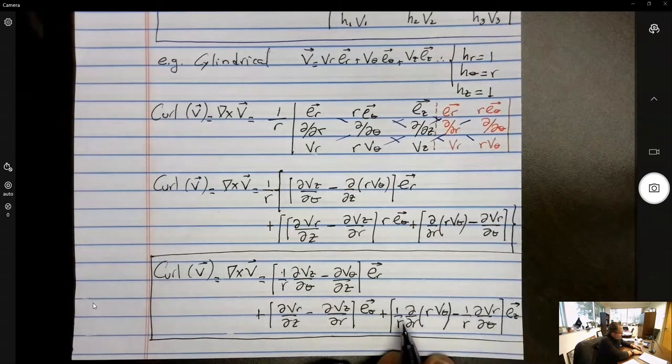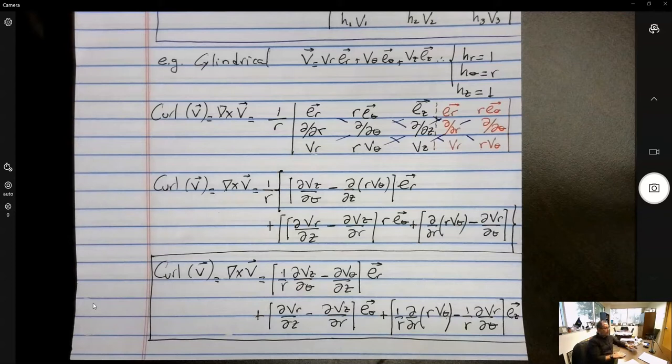And it would be 1 over r d/dr of r v theta, the tangential component, minus 1 over r dvr/d theta, the tangential derivative of the radial component. And that's it. I'm going to leave it up to you to calculate this for the spherical coordinate system, which should be a pretty simple exercise.